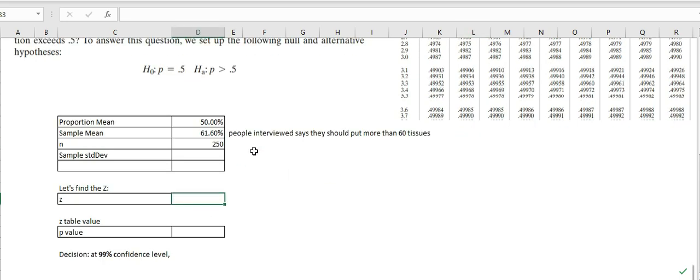We will check for the z value first. Again, the same process that we did.